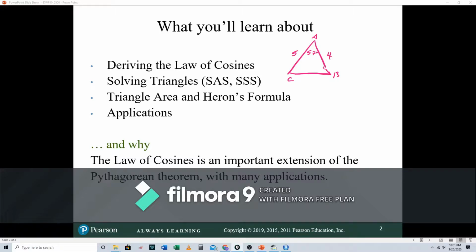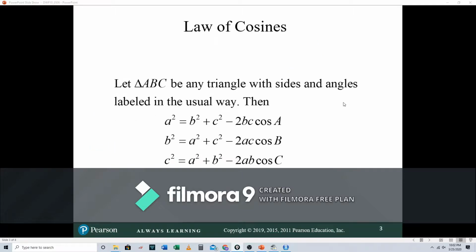Let's clear this. Here we have the law of cosines. Let me draw a triangle again.